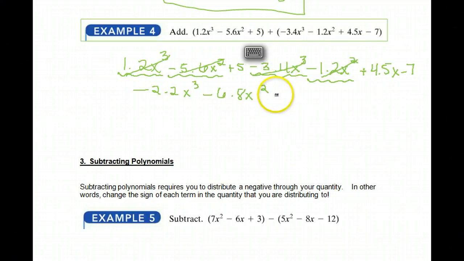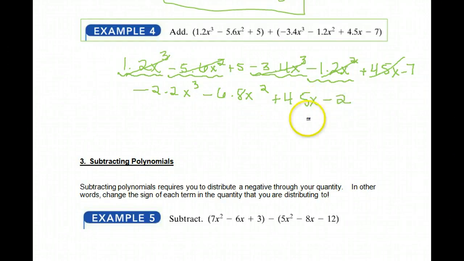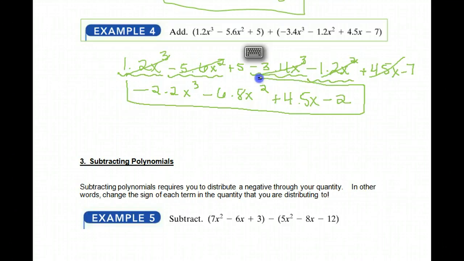There is only one, so we will simply bring down 4.5x. And lastly, we look for any constants. And we have 5 plus -7, or just 5 minus 7, which is -2. And that there is your final answer. Everything is written in descending order, and all terms have been combined.